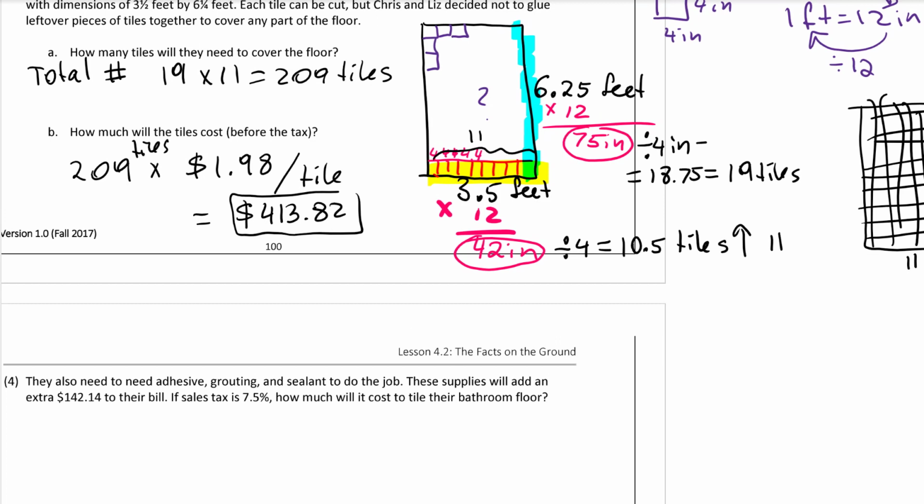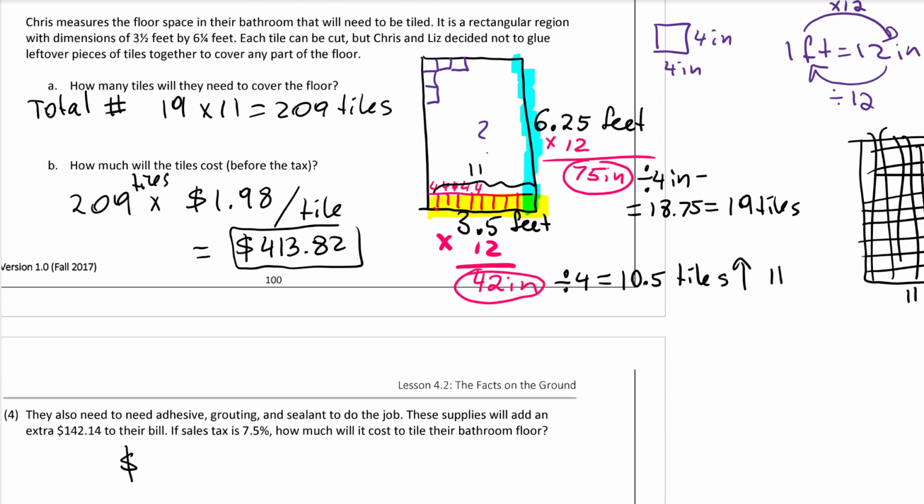They also need to buy adhesive, grouting, and sealant to do the job. These supplies will add an extra $142.14 to their bill. So we have $413.82 plus the supplies.